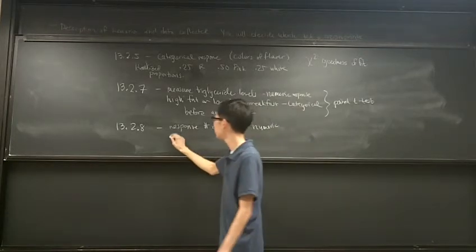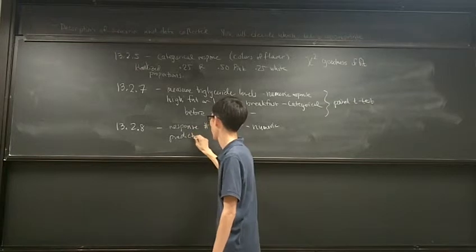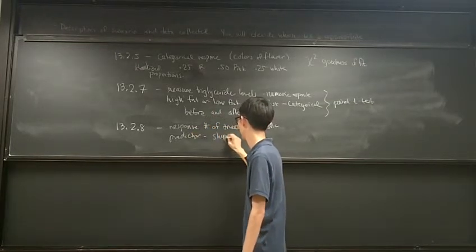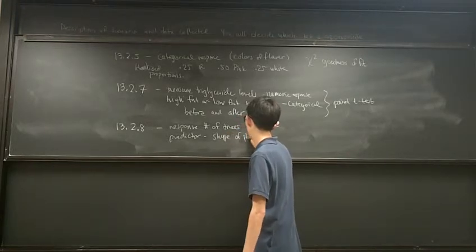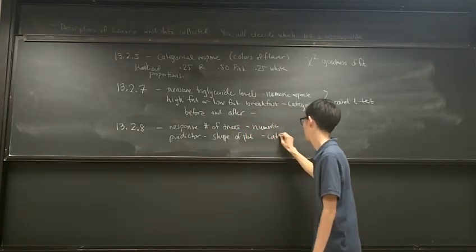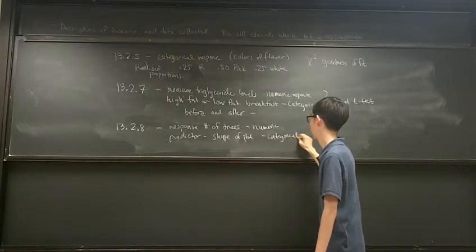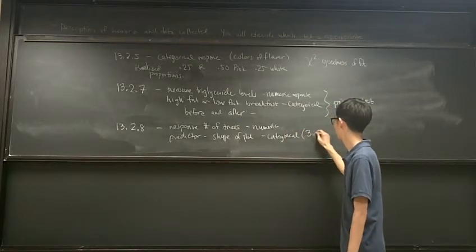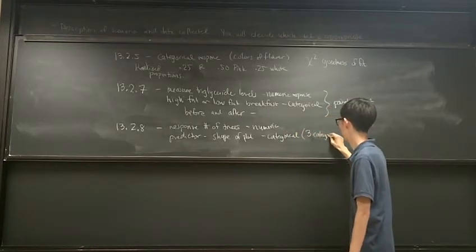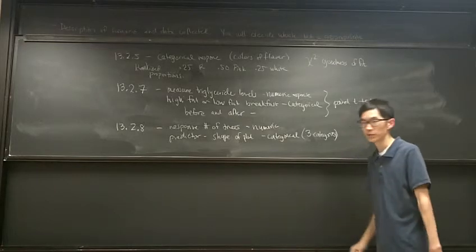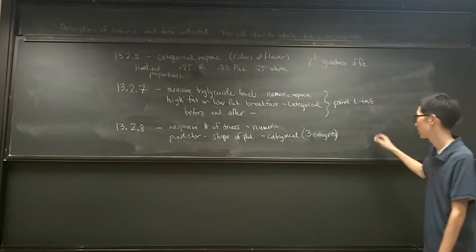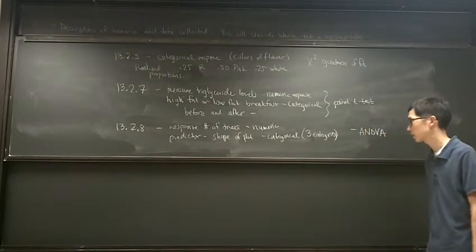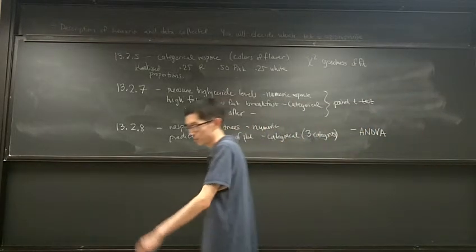And our predictor is shape of plot. And that's categorical. Okay, so we've got 3 categories. So what would we use? ANOVA. We've got a categorical predictor, numeric response.